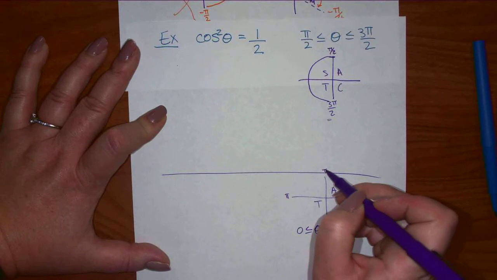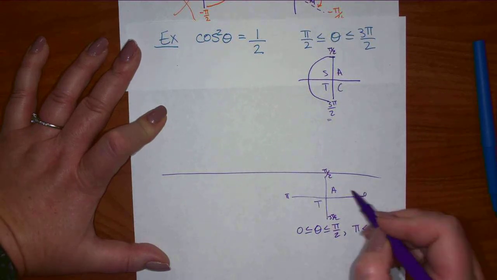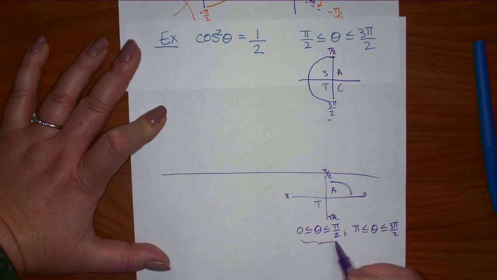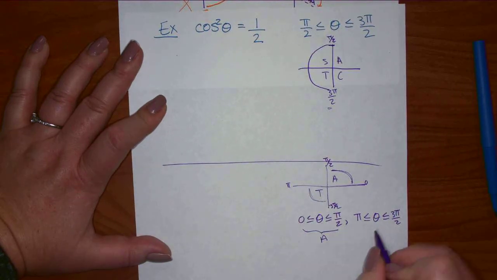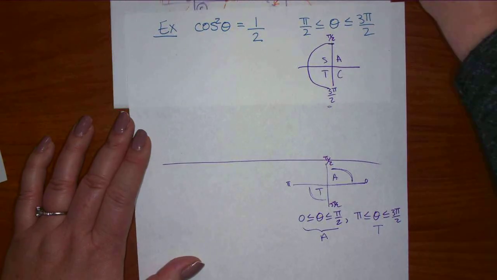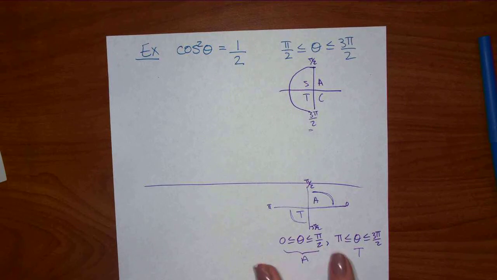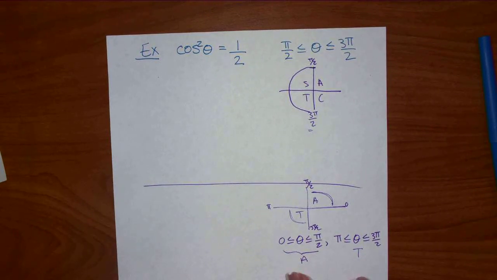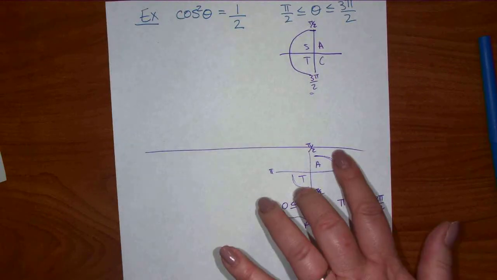You see it? This one would be here, and pi to 3 pi over 2 would be here. So you'd have to list them separately. You couldn't list them all together. Which I'm not doing, but it's totally legitimate. This is something you'd be expected to figure out. If you were given this, you'd be able to figure out these limits.